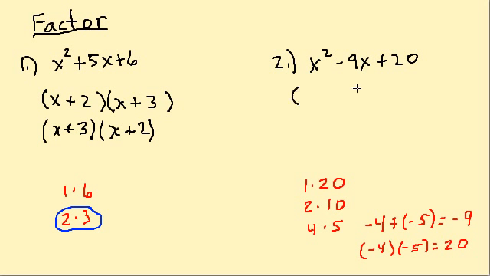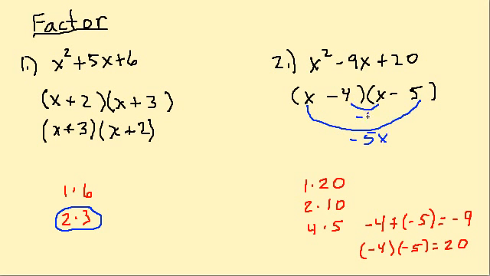So I've got my parentheses. I've got x and x, because x times x is x squared. And then I'm going to use minus 4 and minus 5. And we can see that x times x is x squared. And then if I multiply the outside, that's going to give me minus 5x.